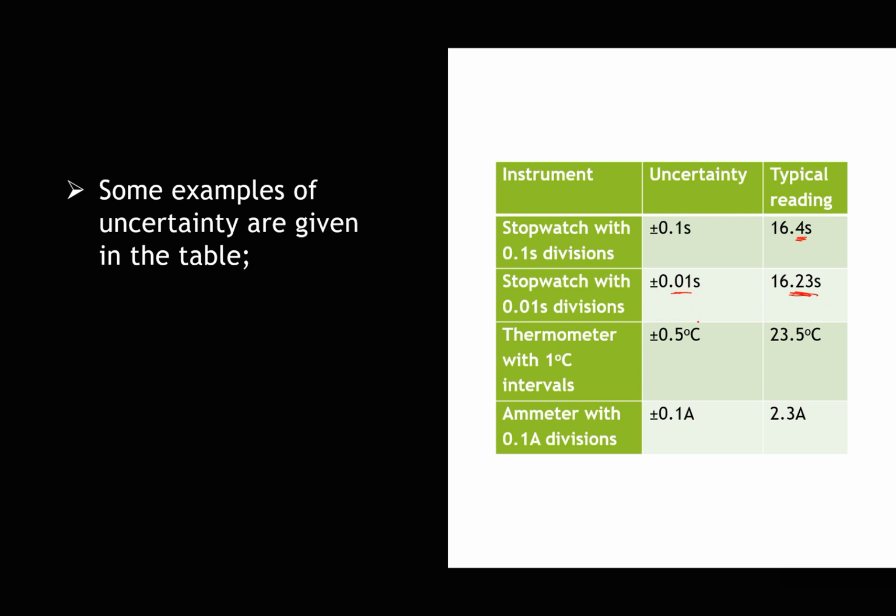When it comes to temperature, most thermometers measure to 0.5 degrees Celsius. Therefore, the uncertainty is approximately 0.5 degrees Celsius. That is half a division. Of course, with one division being 1 degree Celsius, we estimate the uncertainty as half of a division. And most meters, especially analog meters, measure to 0.1 ampere as the least count. Therefore, the uncertainty can be 0.1.